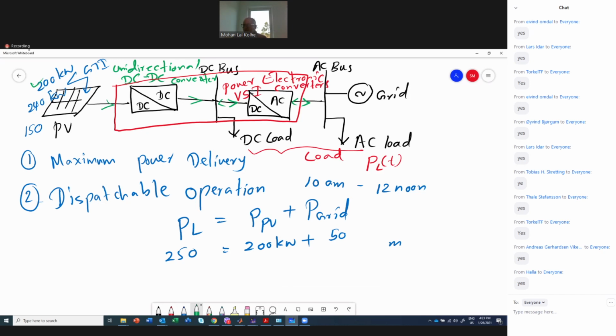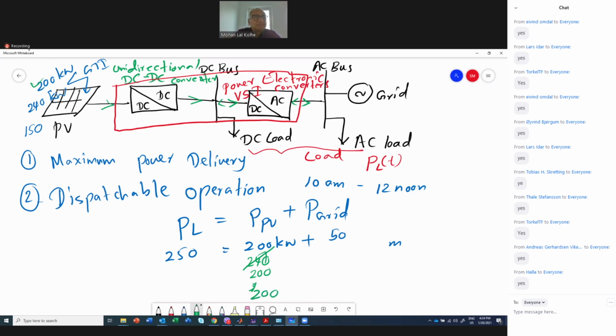But when you come to 240, now the global tilted irradiance has increased and the power is 240. But our constraint is that we are not going to inject this 240. Out of this 240, we have to give only 200. Likewise, even when the maximum PV power is lower, from the PV system we have to deliver 200.